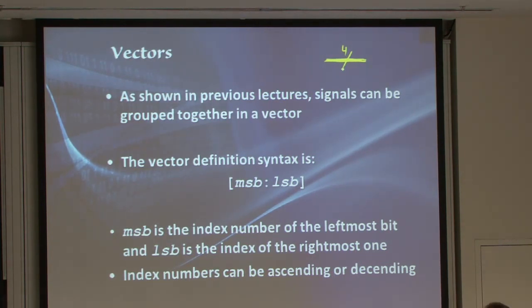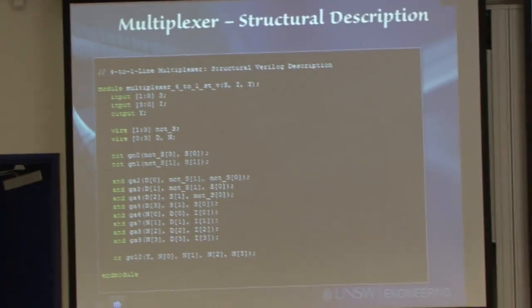Now, in Verilog, when you want to define a vector or a bus, we'll call it vectors, then the syntax is in square brackets where you put your most significant bit on the left and the least significant bit on the right. Now, if you look at the example there, have a look at how I define the input I, which is obviously a 4 bits vector.